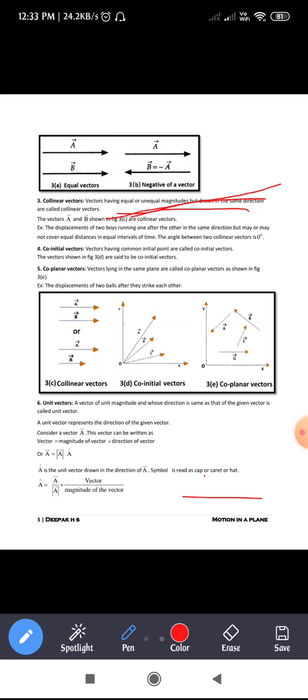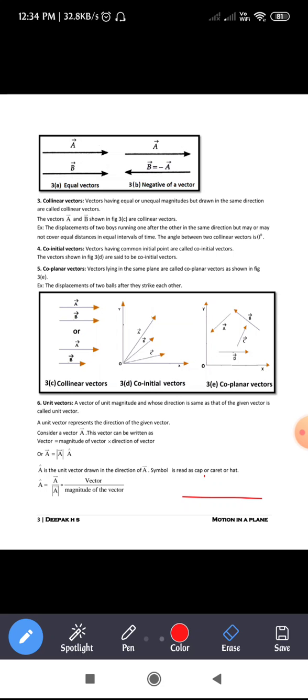So next, it is regarding collinear vectors. When do you say the vectors are collinear? When all the vectors are moving in the same direction. I'll read out the definition. Vectors having equal or unequal magnitude but drawn in the same direction are called collinear vectors.